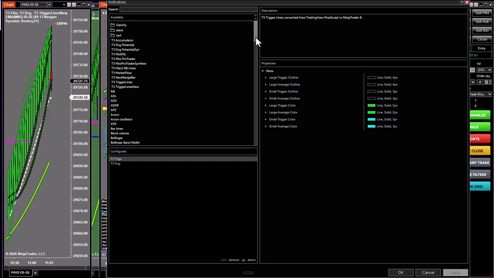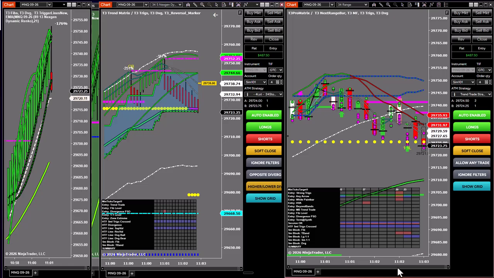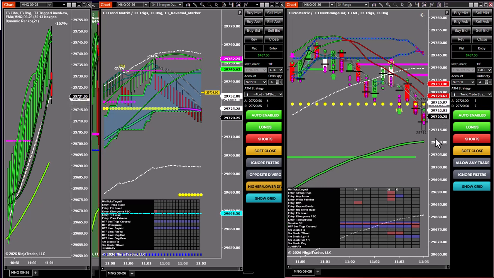I should have my reversal bar marker on there so we know where it would happen. Makes it easier.